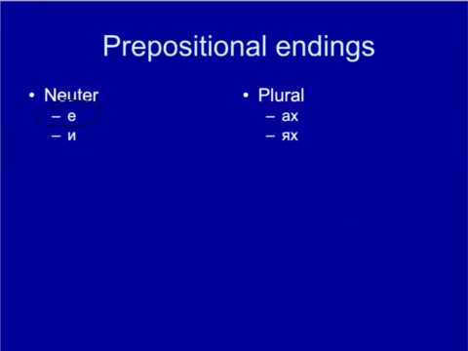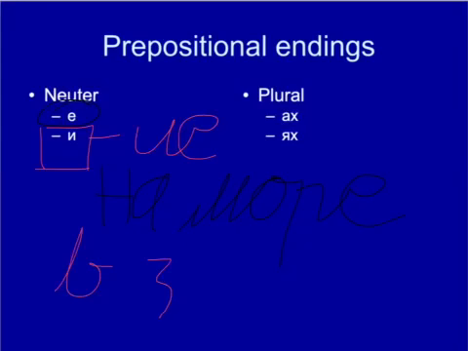So if you wanted to say at the seaside, you would just say na more. So there, in fact, it doesn't change at all. If you want to talk about words, however, that end in -ie, these are the ones that go to -ii. So if you say v zdanii, it means in the building.